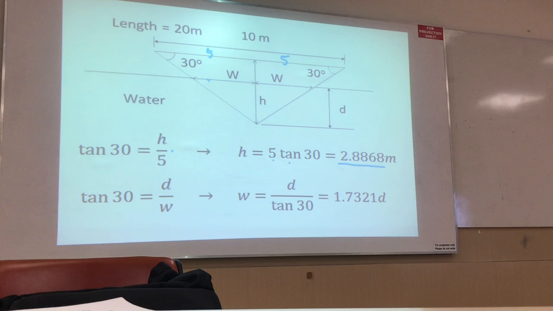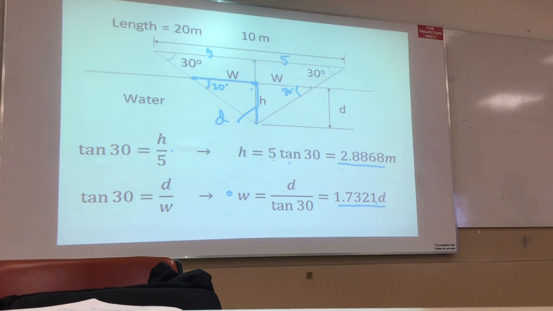So this is also 10, 30, similar triangle, this is also 30. So I can write 10, 30 is from here to here is W, right? And from here to here D, correct? So D by W. So W becomes D by tan 30. Then I can write 1.732 times D. This indicates the value of W.